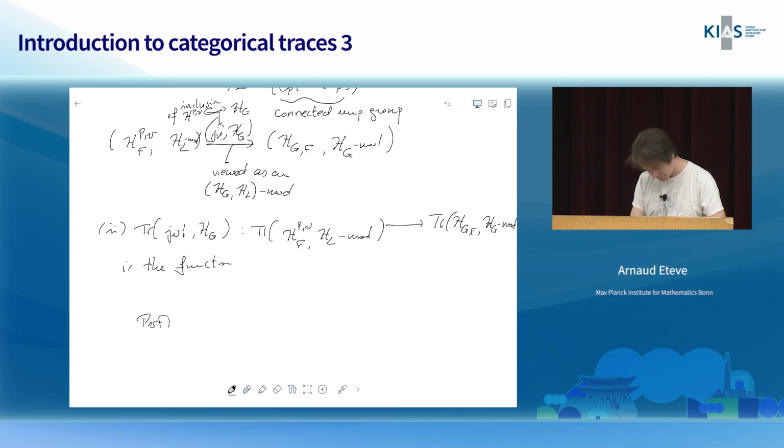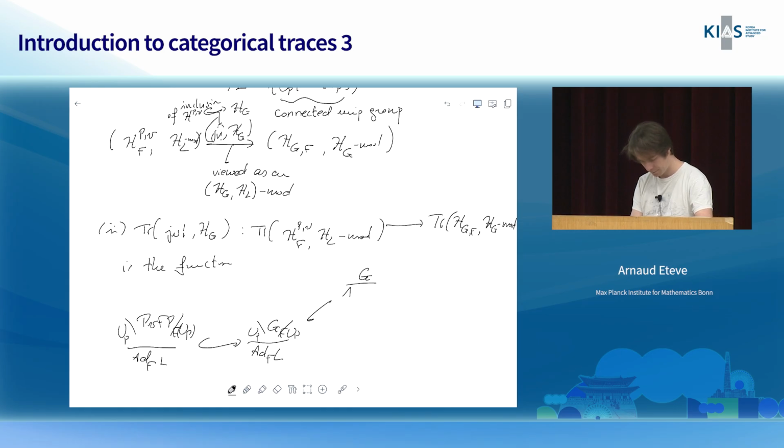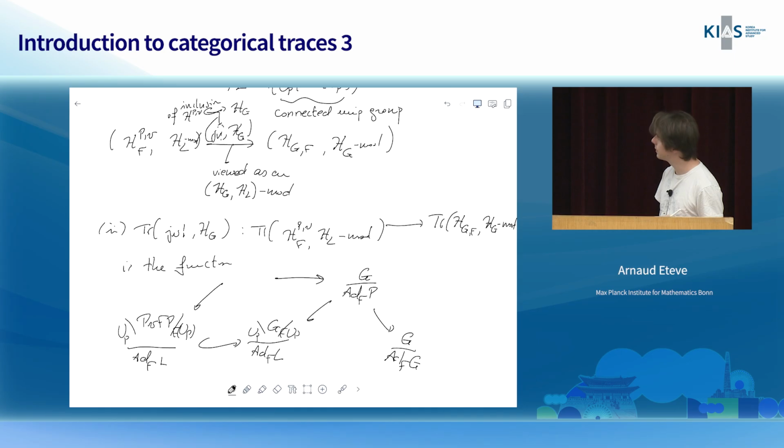So you have this quotient here, from P into this quotient, and again, the same diagram as before.